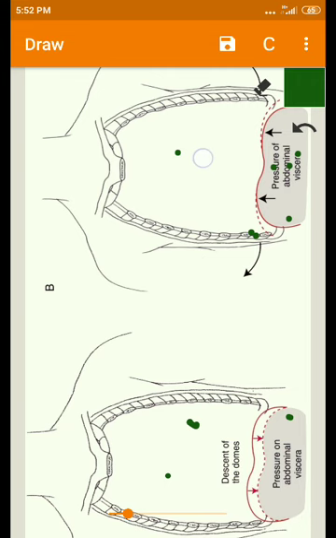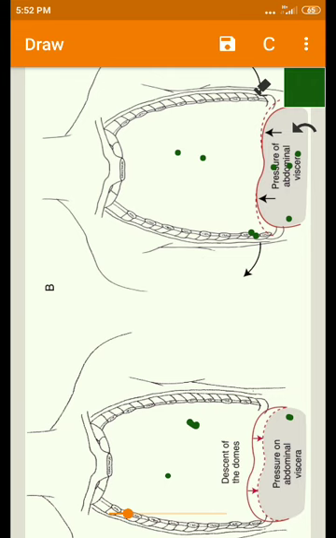Then expiration takes place. This expiration in tidal breathing is a passive thing. So here no muscles are required for this quiet expiration. Okay, this is about the movement of diaphragm, the function of the diaphragm during quiet respiration.